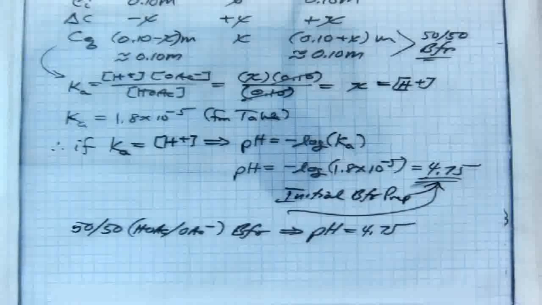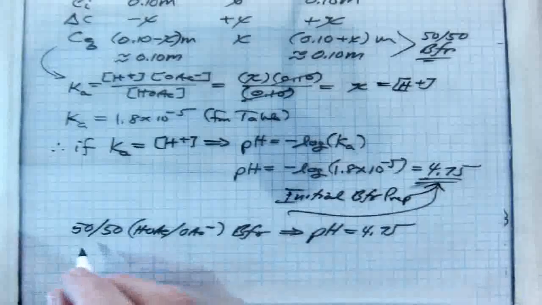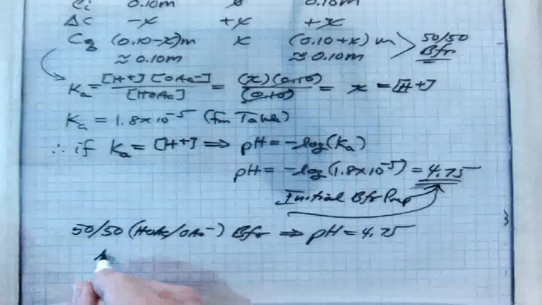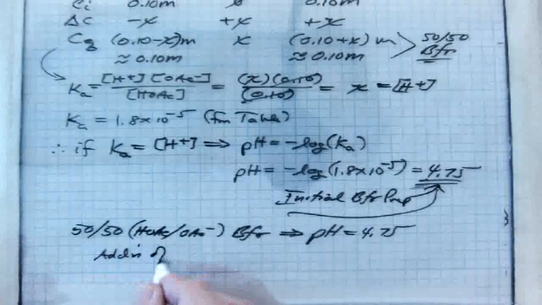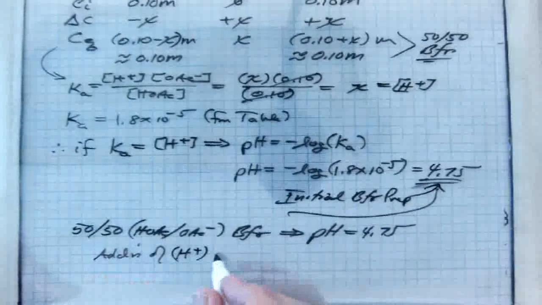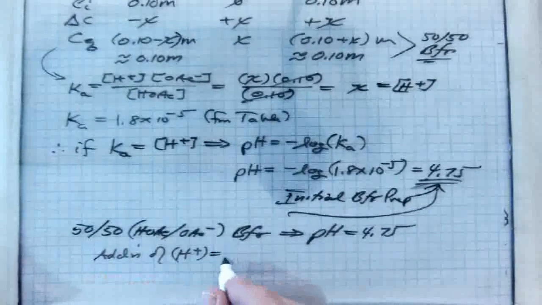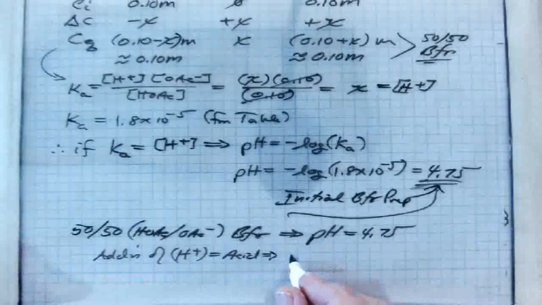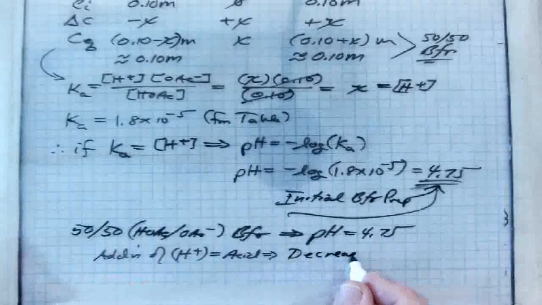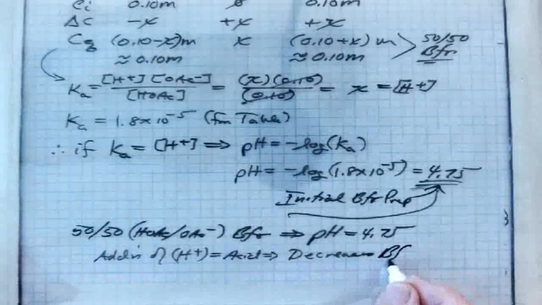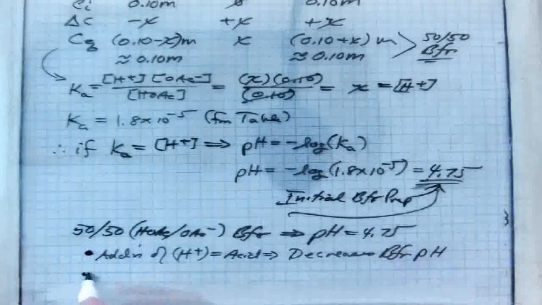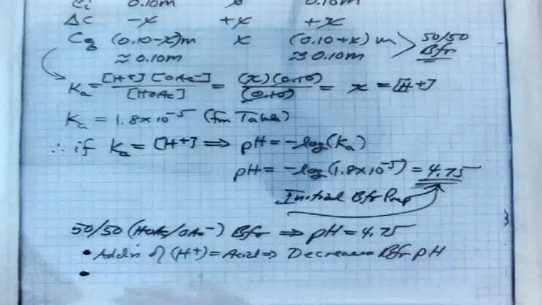Of course, this buffer solution has a hydronium ion concentration of 1.8 times 10 to the minus 5 molar. That's a real given because Ka equals the hydrogen ion concentration in this particular buffer. However, what we're trying to calculate is the new hydronium ion concentration after adding the acid or base that we're going to put in here.